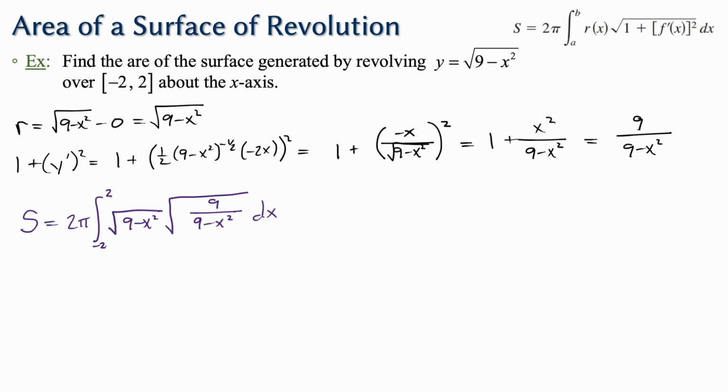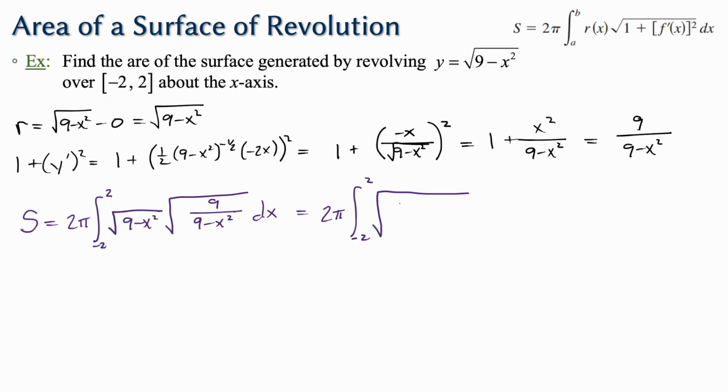Now, the reason this one works out so great is when you take a square root times a square root, you are allowed to multiply all those pieces together. So when we look at what happens when you do that, we're still going to have our 2 pi out front, -2 to 2. But when you take this stuff in here and multiply it times this stuff in here under one big common radical, which is what, again, you're allowed to do, what you have to realize is that you have a 9 minus x squared on top and a 9 minus x squared on bottom and a 9 on top.